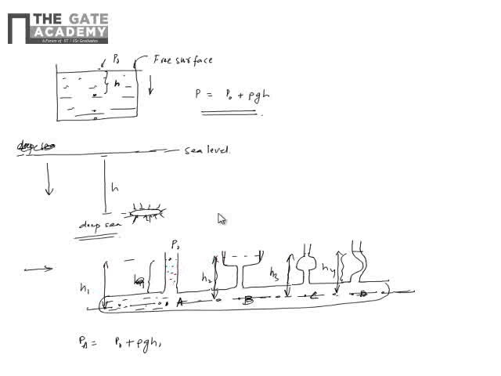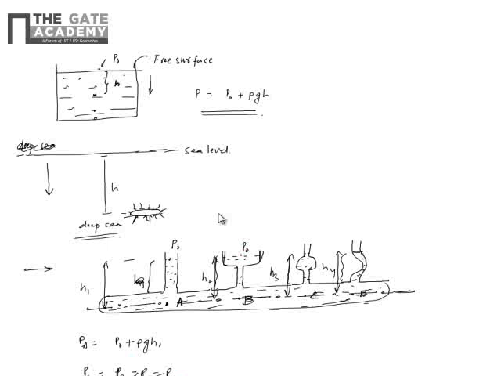So all this is fluid. Fluid will rise if you have beakers like this. But PA is equal to PB is equal to PC is equal to PD, because they are at the same level.